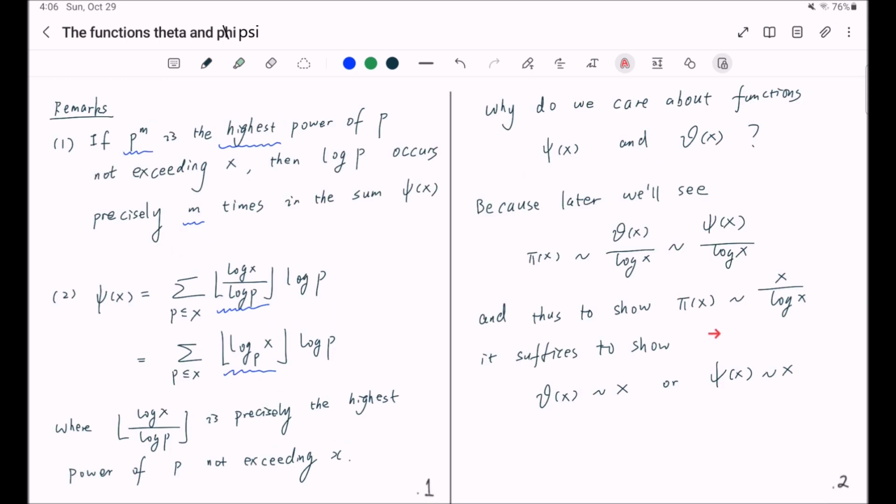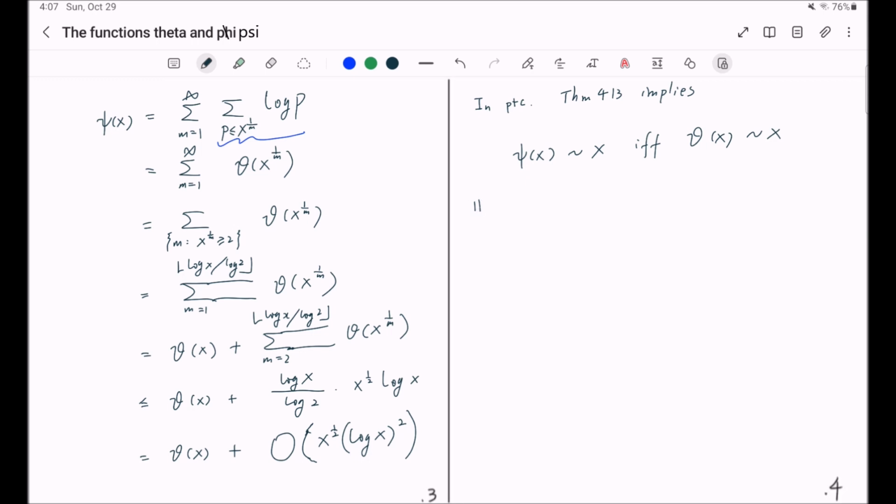And recall from our discussion here, to show the prime number theorem, it suffices to prove that theta of x is similar to x, or psi of x is similar to x. Now we have seen that these two statements are actually equivalent to each other, so it suffices to show just one of them.